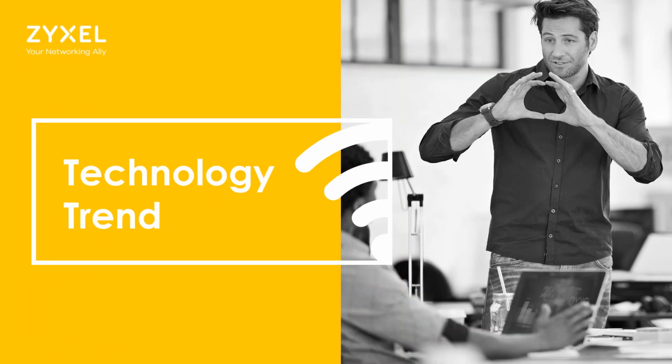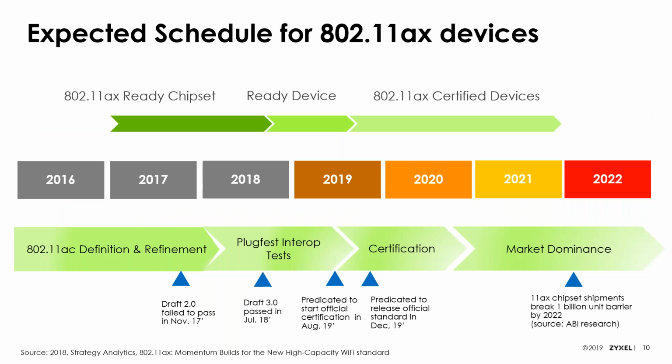Okay, then to the technology trend section. So this is a research done, and basically we are currently at the end of 2019. So AX is officially out and manufacturers are starting to roll out APs and devices and network cards, etc. But the lesson to learn from this slide is that by 2022, they estimate that over 1 billion AX chipsets will be out there.